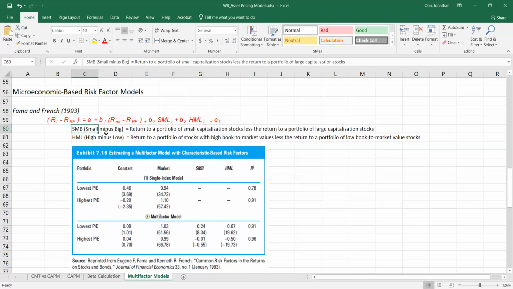This one is the size related risk factor. This one is the book to market value, also called the value related risk factor.